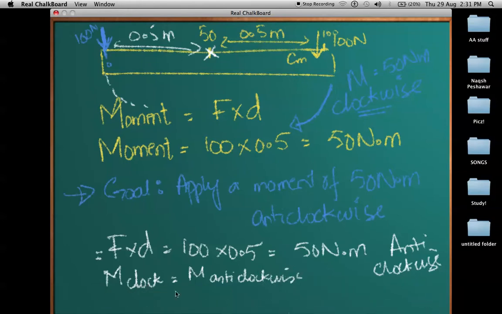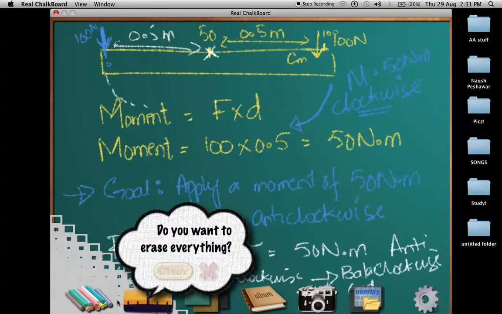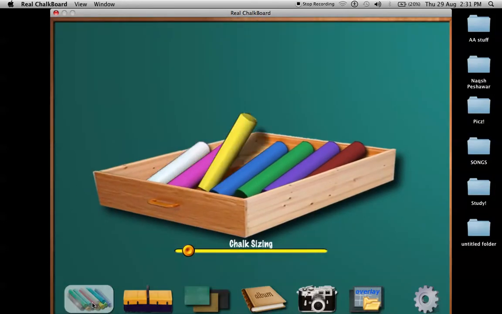And this is the condition for moments to be balanced. Since this is happening, the clockwise moment is equal to the anti-clockwise moment, so we can say that this is balanced in this case. Let's see one more situation here.